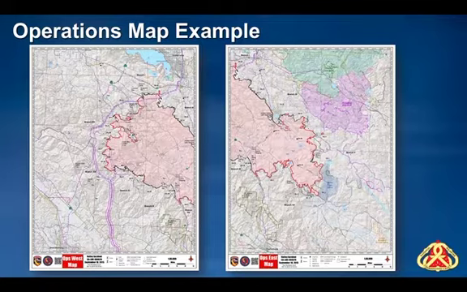Another thing that you'll notice on the Operations East map, you'll see that there are 3 other fire perimeters that are being shown from the same year, as well as one fire that burned the year before. And on this map, we're also showing some of the dozer line that was put in place during some of those other fires.